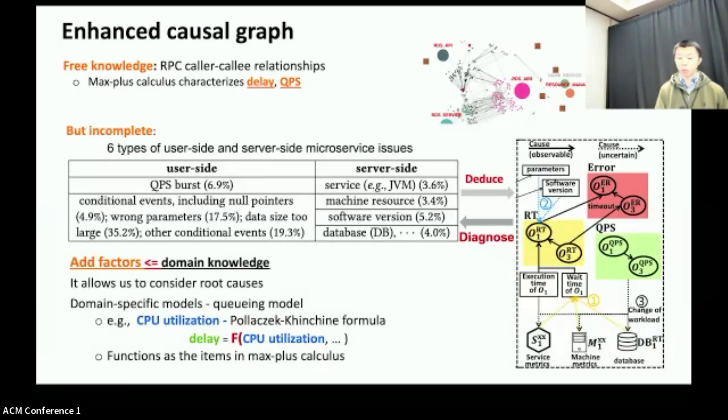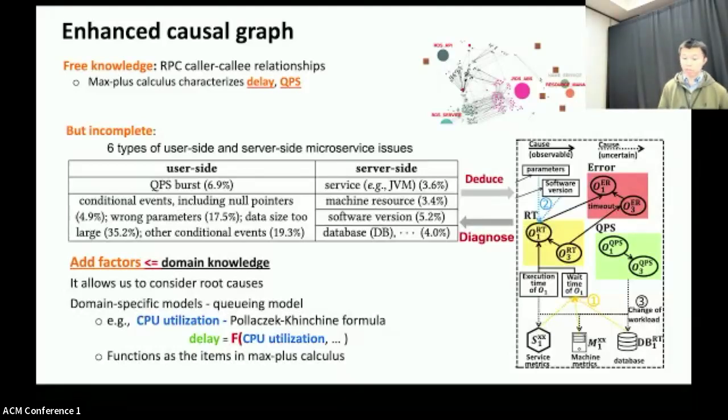But in our real application, we have different kinds of possible root causes other than the delay of some operation. For example, we have the QPS burst. We have the resource limitation for the services and the machines. And we also have issues on the middleware, such as the database and the message queue.